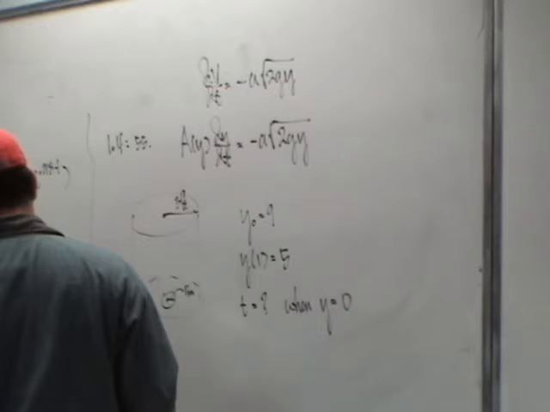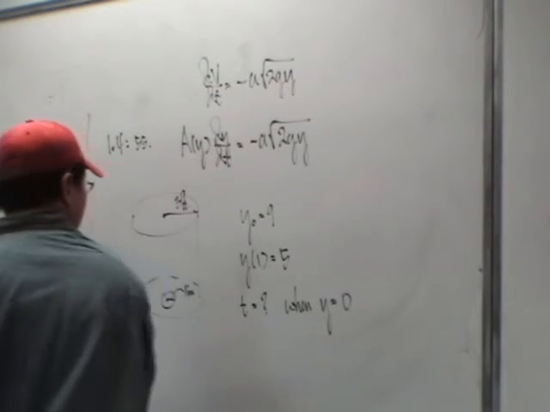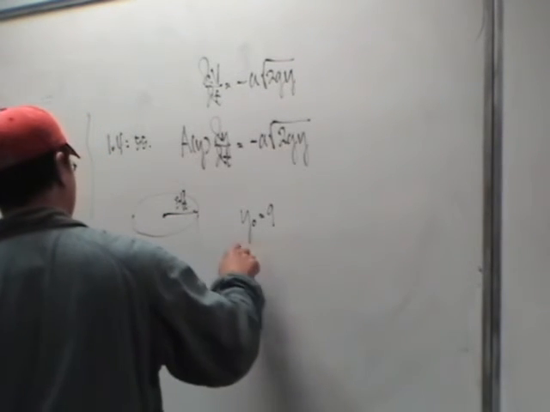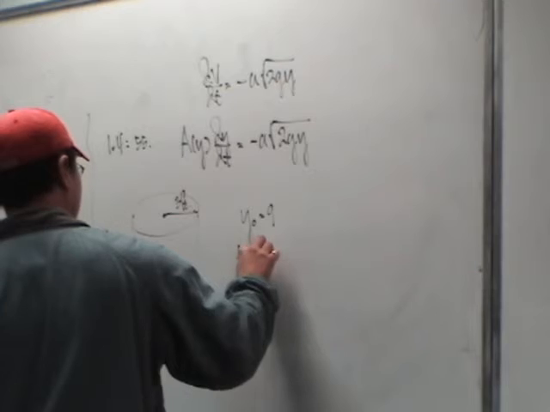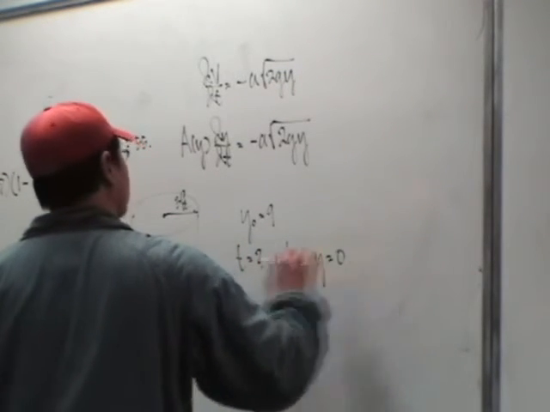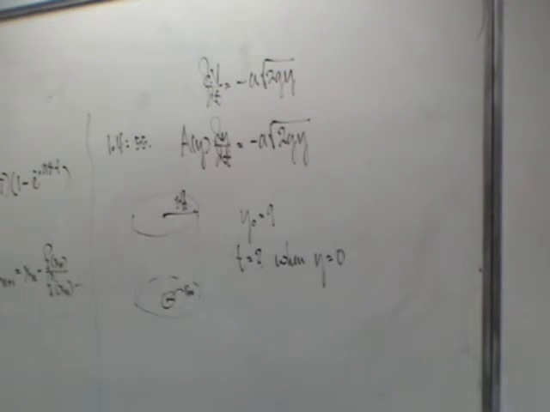How long does it take for water initially 9 feet deep to drain completely? So here, that's not really important now. This is y, and they just want the time when y equals 0. So that's pretty simple now.